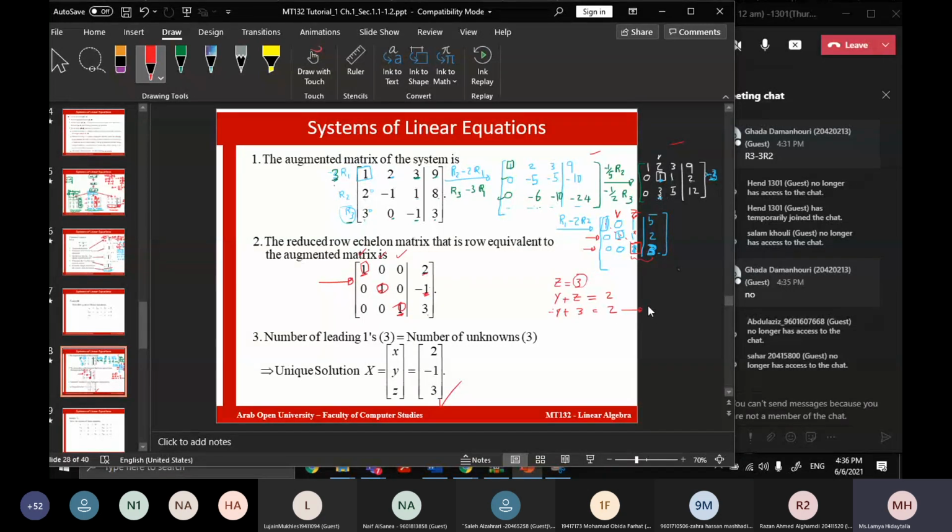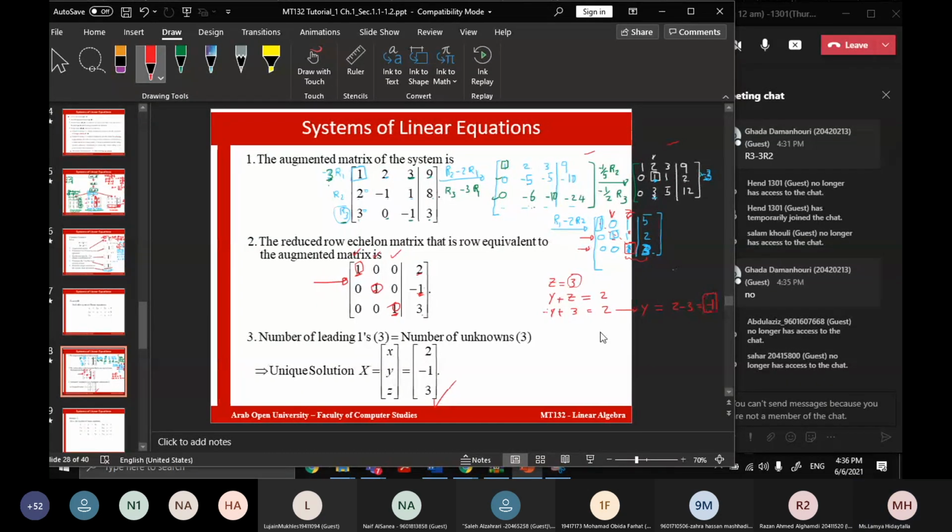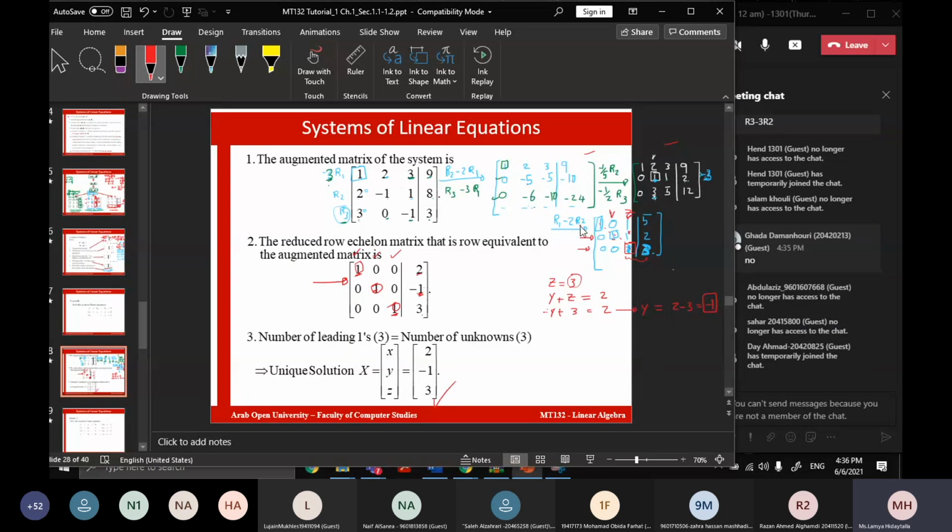This implies y equals 2 minus 3, which is equal to -1. Then after that, we go to the first row. From the first row, what I have is x plus 0y plus z, but the z is 3, is equal to 5. Then that is x equals 5 minus 3, and this is equal to 2.